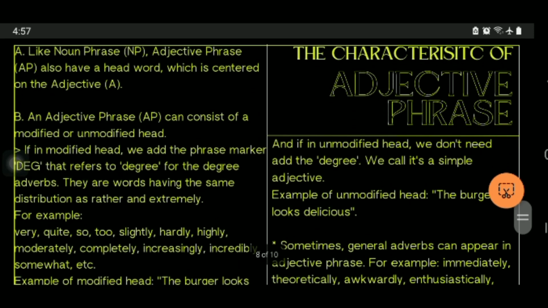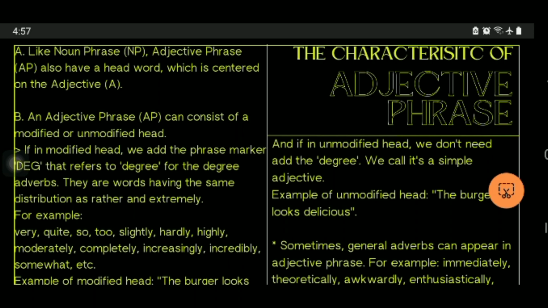Like noun phrase or NP, adjective phrase AP also has a head word which is centered on the adjective or A. And the characteristic of an adjective phrase, or AP, is that it can consist of a modified or unmodified head.